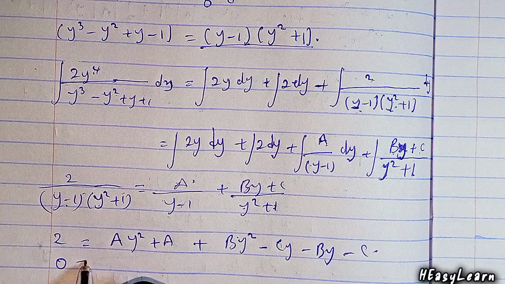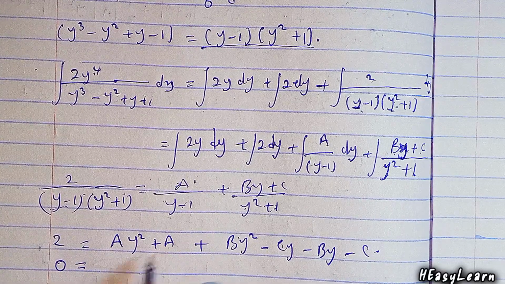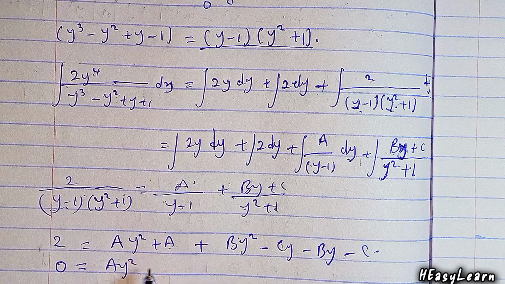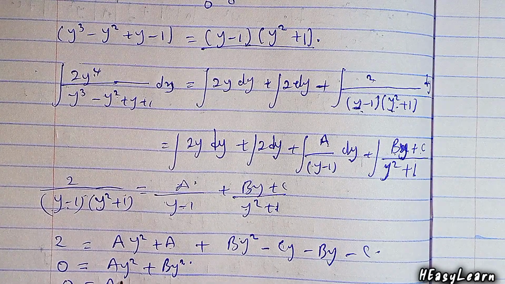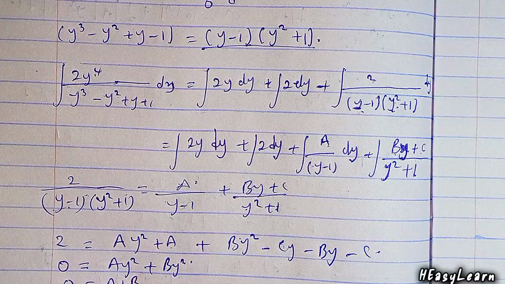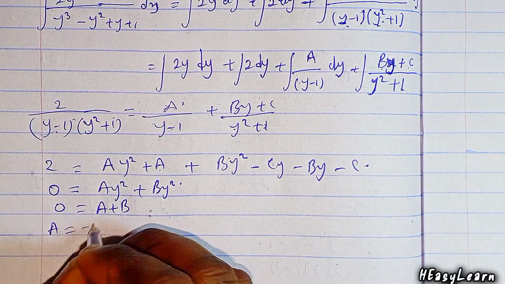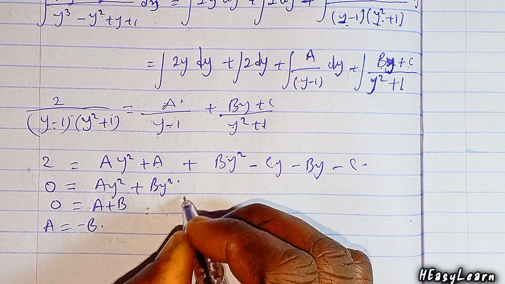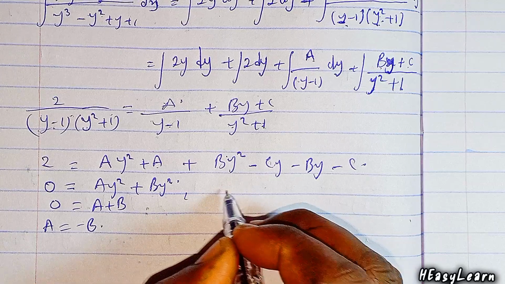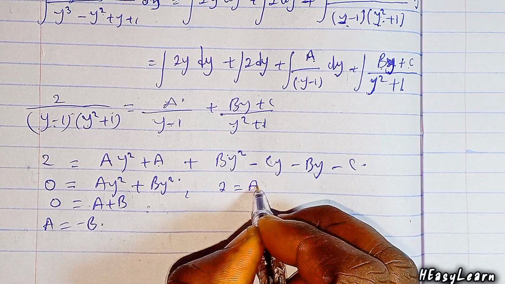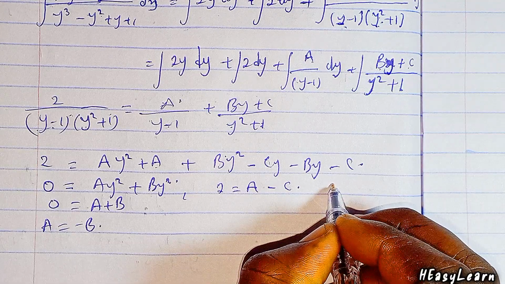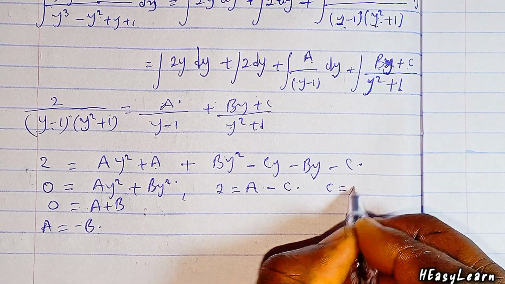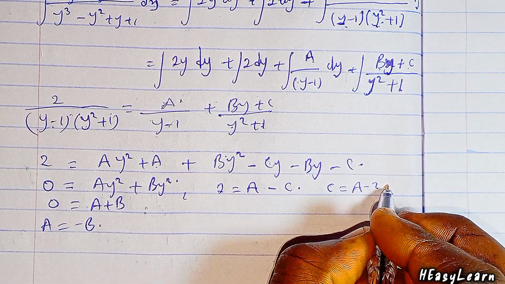We are going to equate. 0 will be equal to any term with y squared here, Ay squared plus By squared. 0 will be equal to A plus B. So in this case, we have A equals minus B. Again, any constant here, 2 is equal to minus A minus C. This implies that C is equal to minus A minus 2.